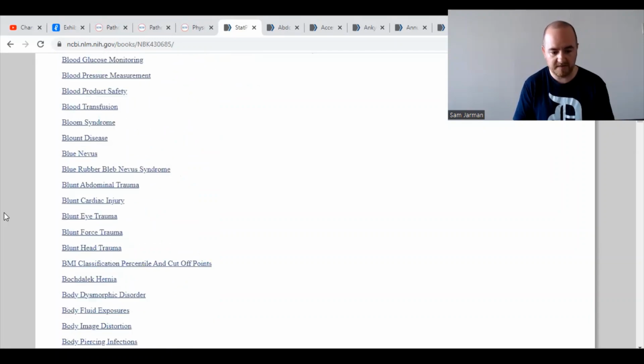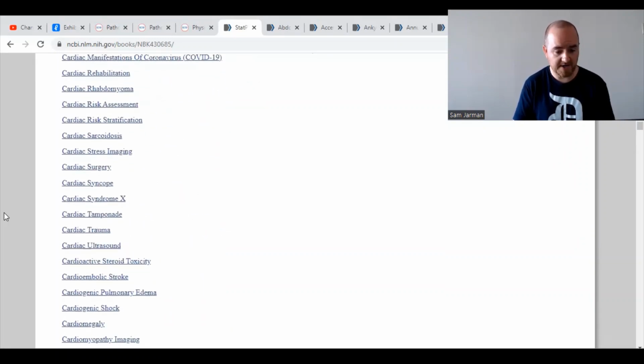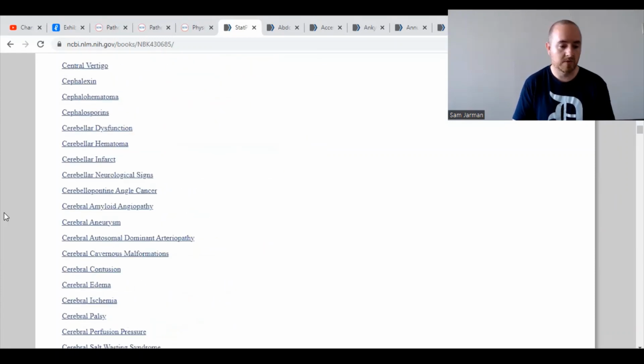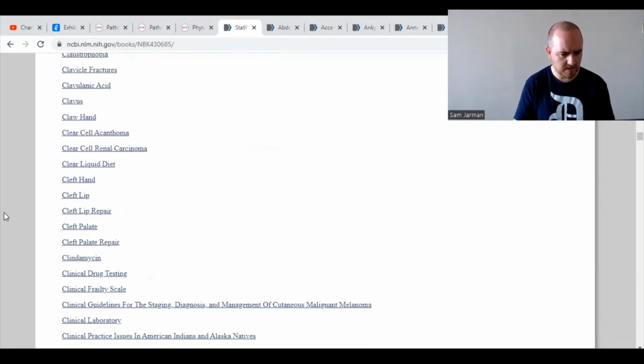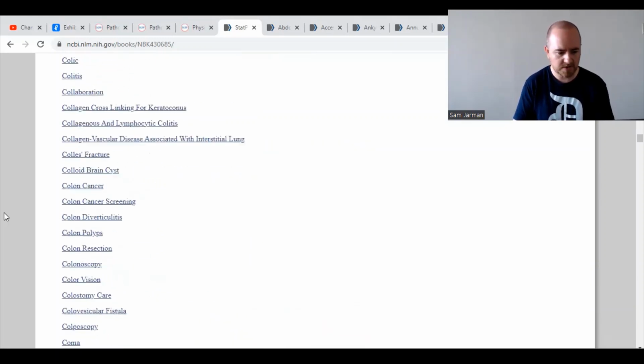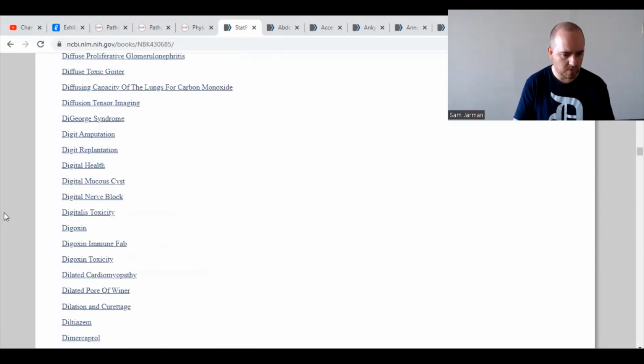Still in the B's, scroll. We're in the C's now: cardiac stress imaging, cardiac surgery, cardiac tamponade. Scroll, still in the C's. Clear cell renal carcinoma, scroll. We're in the D's.